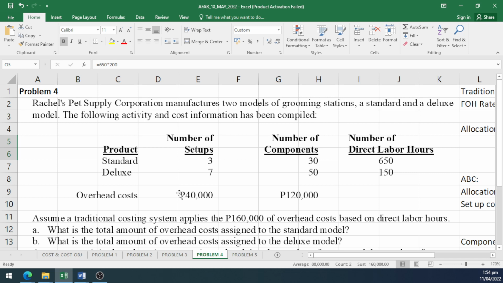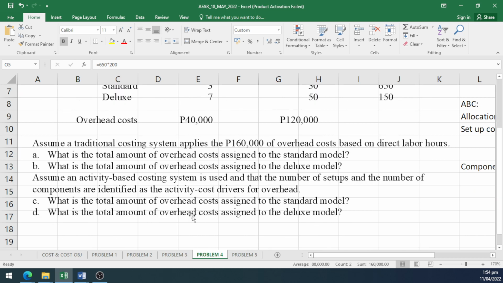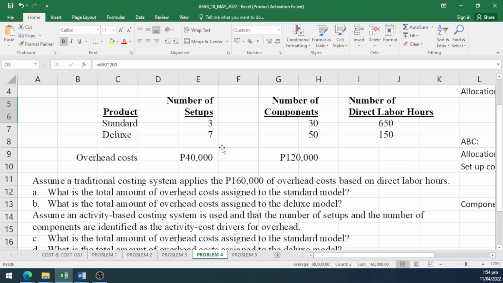Kasi pag maraming component parts ang product, marami ding handling cost na mangyayari. Kaya naka-base sa components, number of components. So, this is the overhead cost for setup, and this is the overhead cost for number of components.